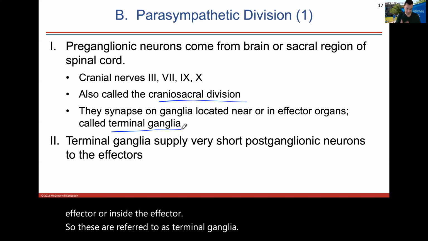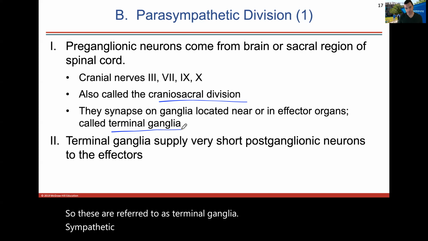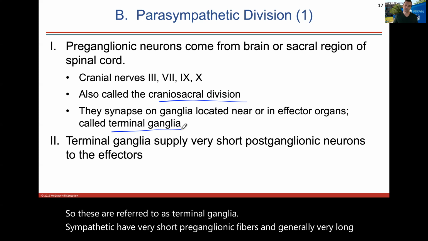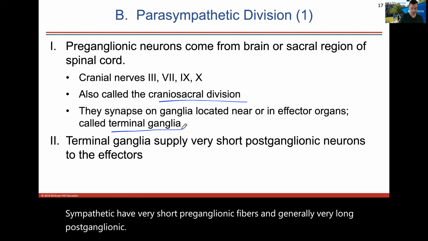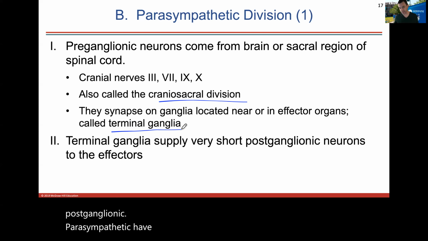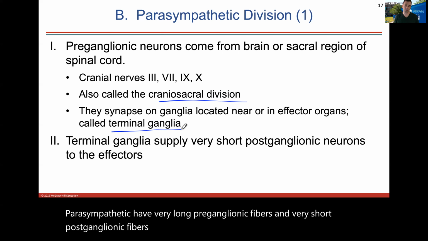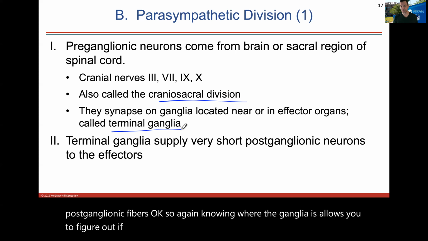So sympathetic have very short preganglionic fibers and generally very long postganglionic. Parasympathetic have very long preganglionic fibers and very short postganglionic fibers. So again, knowing where the ganglia is allows you to figure out if it's long pre, short post, or vice versa.